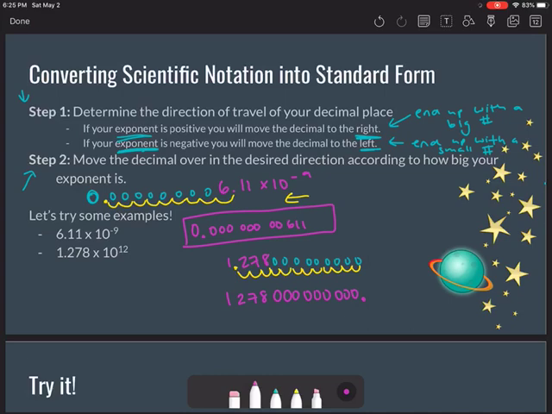So my original question of 1.278 times 10 to the positive 12 will end up as 1,278,000,000,000. Right, because we've moved it over 12 times.